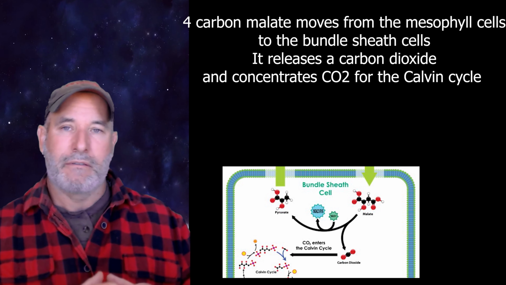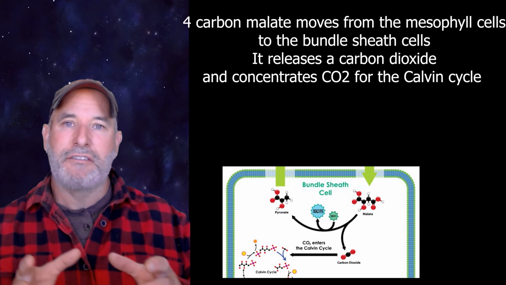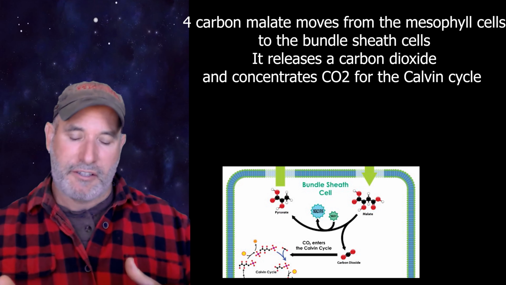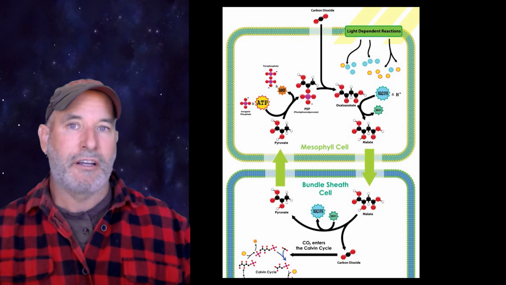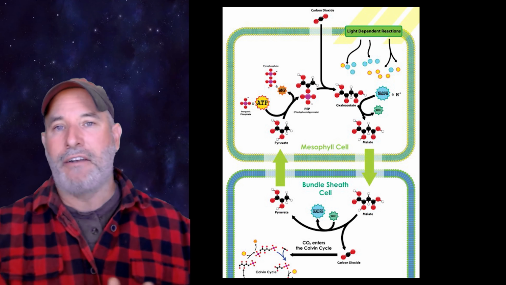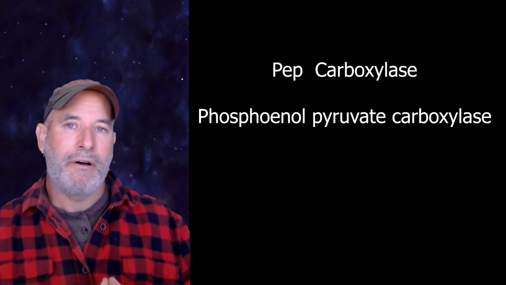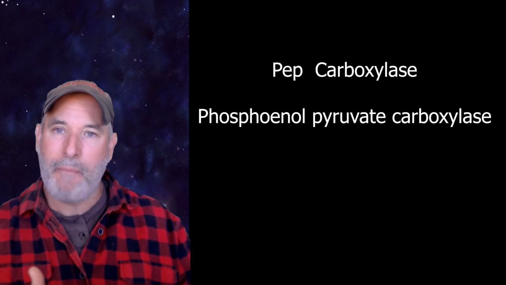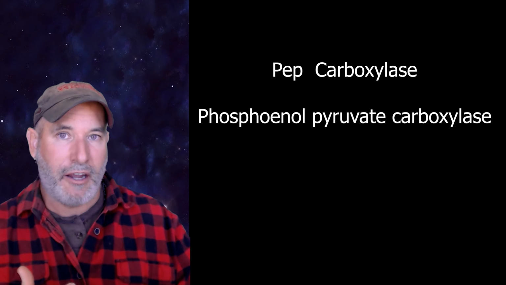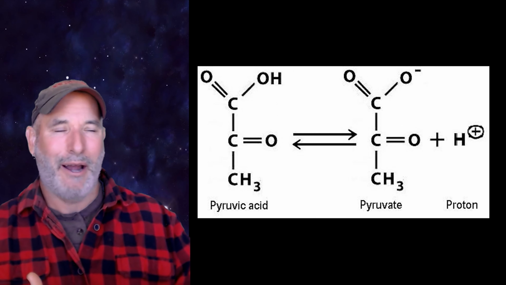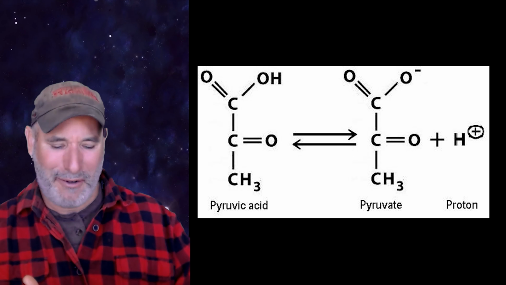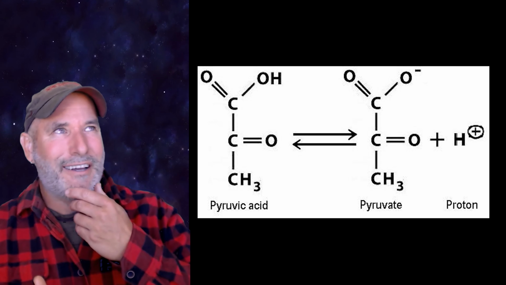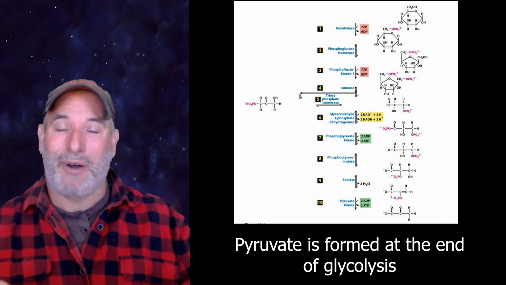Okay, now this is important because not only do we separate this in space, we're also using a new enzyme. And that new enzyme is called PEP carboxylase. The name tells you something. PEP stands for phosphoenolpyruvate. Pyruvate? Haven't we seen pyruvate before? Cellular respiration, right?